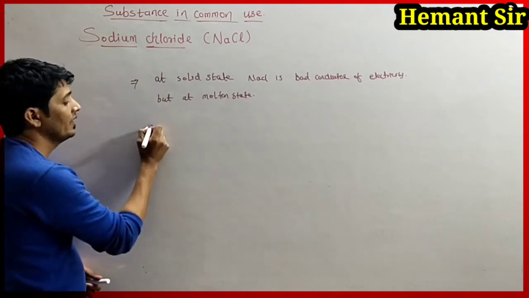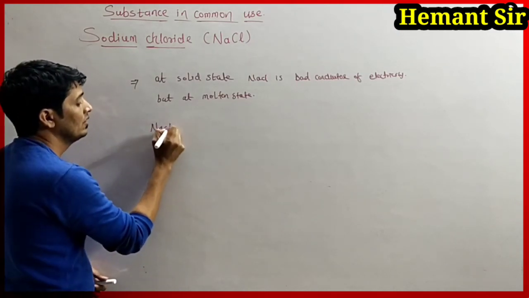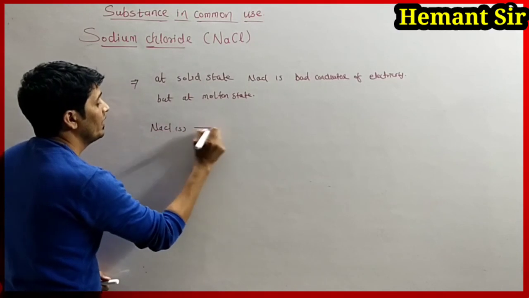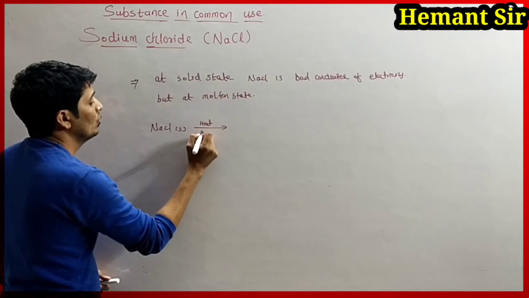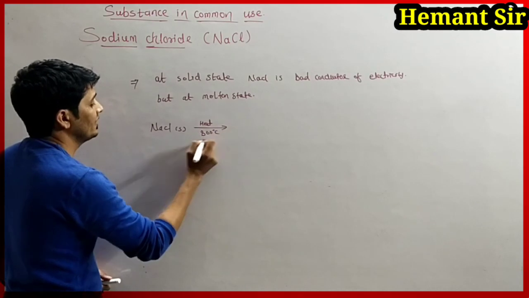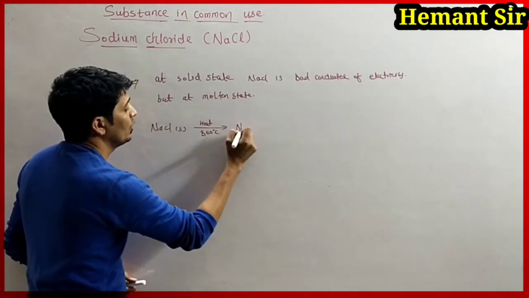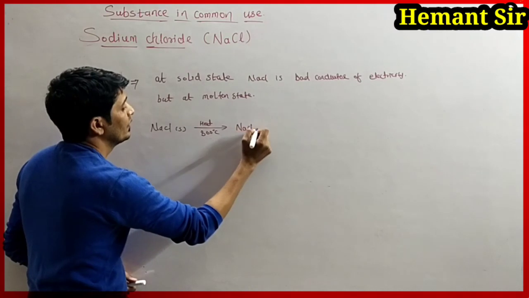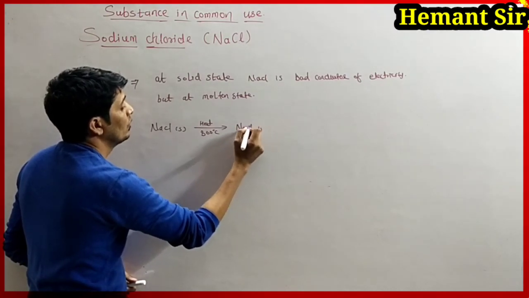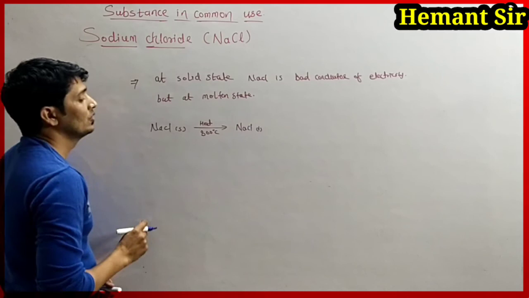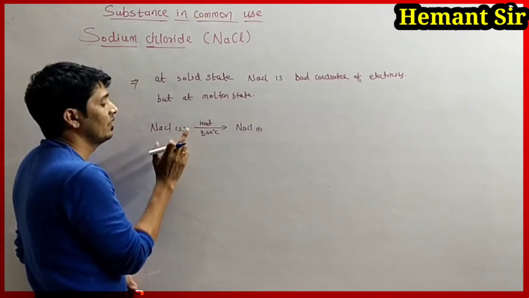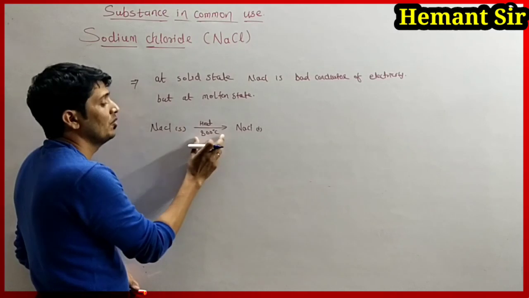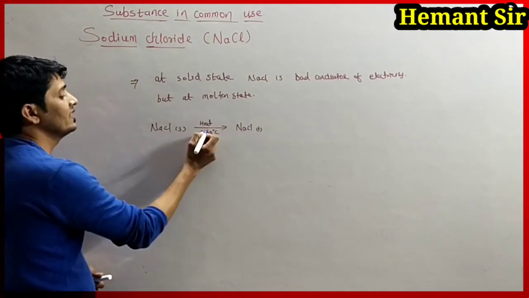When NaCl in solid form is heated up to 800 degrees Celsius, it melts into liquid form. This process requires very high energy. That's why we have to heat NaCl to more than 800 degrees Celsius.